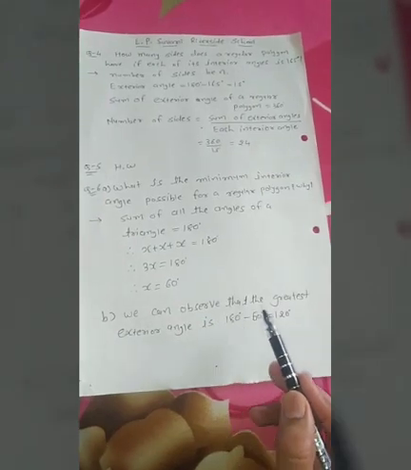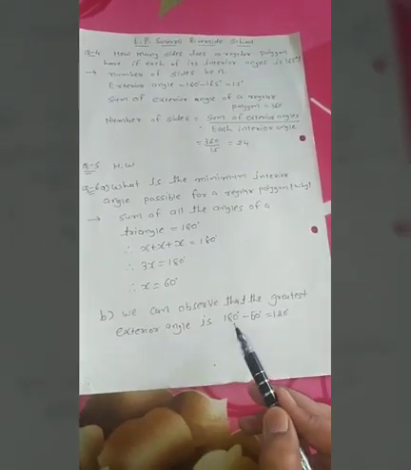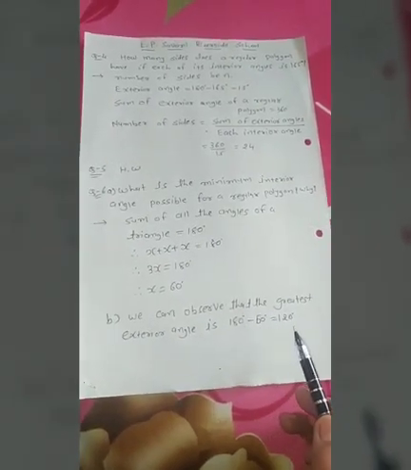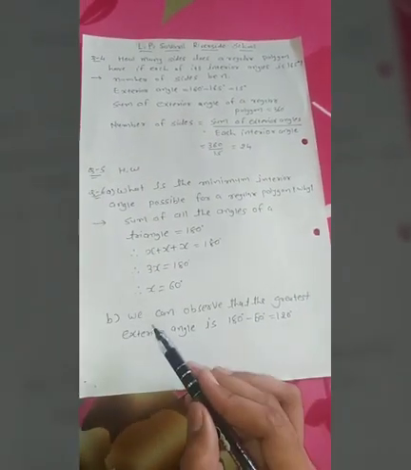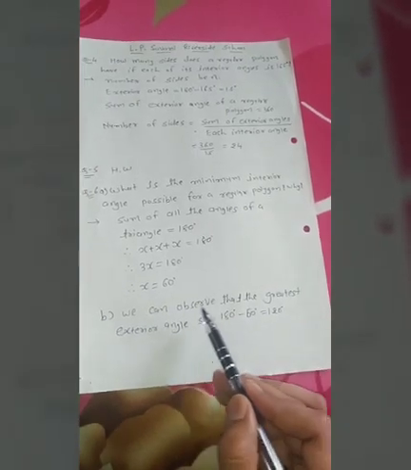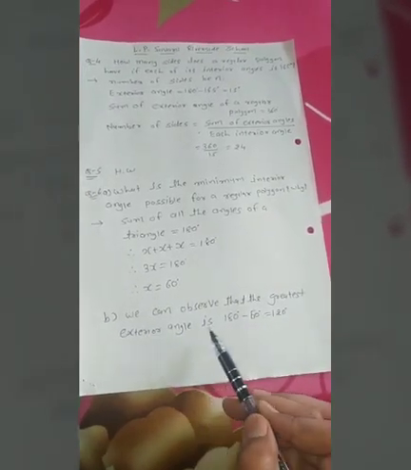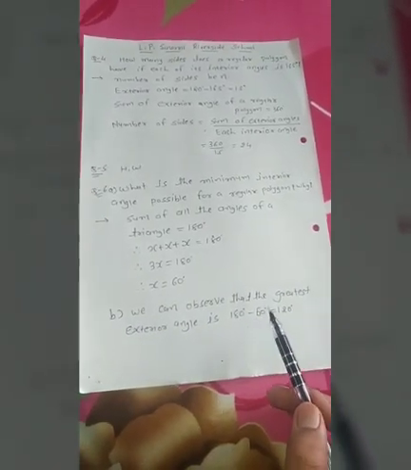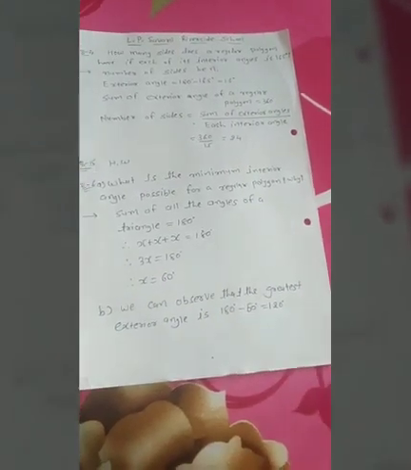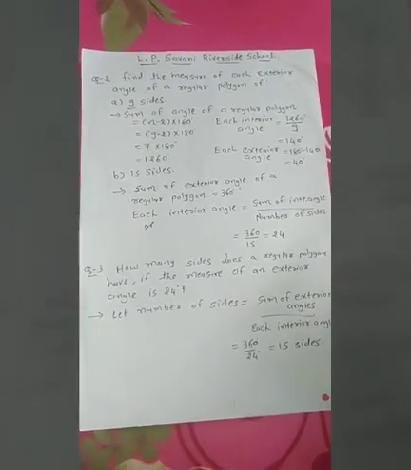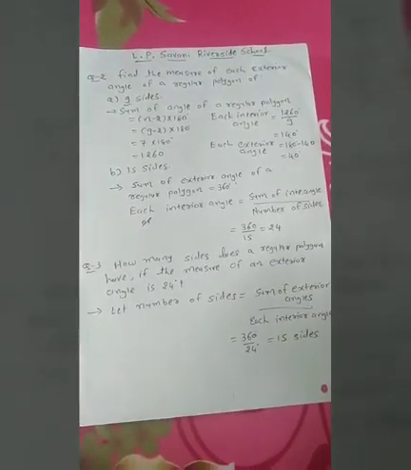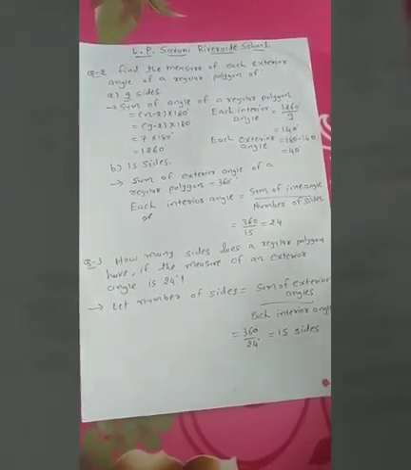We can observe that the greatest exterior angle is 180 minus 60, which is equal to 120. Okay, there are basically 4 equations used to solve regular polygon problems.